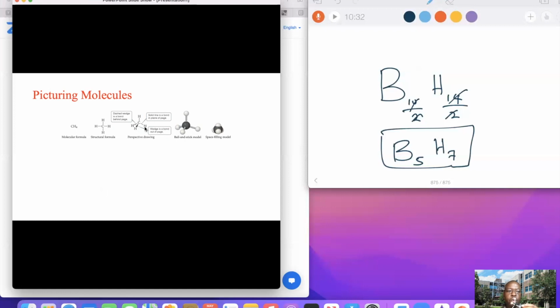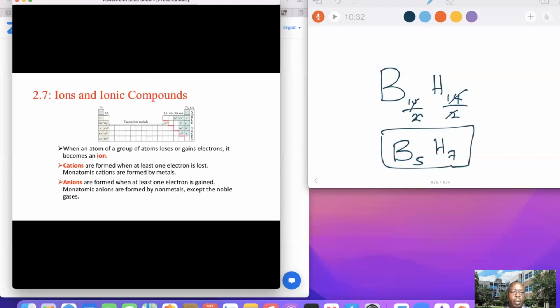The wedge here means going away. This means coming off the screen, and this means it's on the plane with your screen on the computer. So this is just a representation of methane using ball and stick. That's just a representation of a molecular compound structure. I will not go into details into that, but we will come back again in chapter 8.